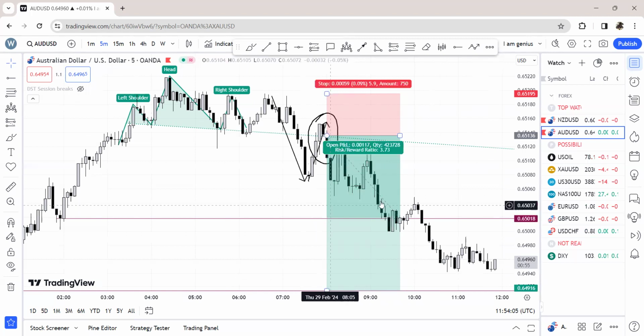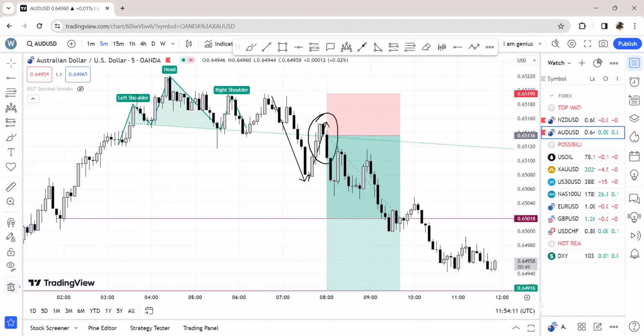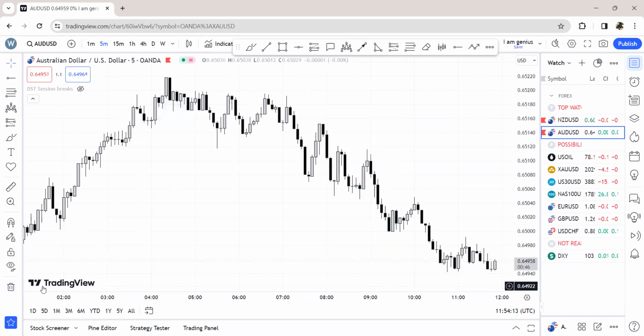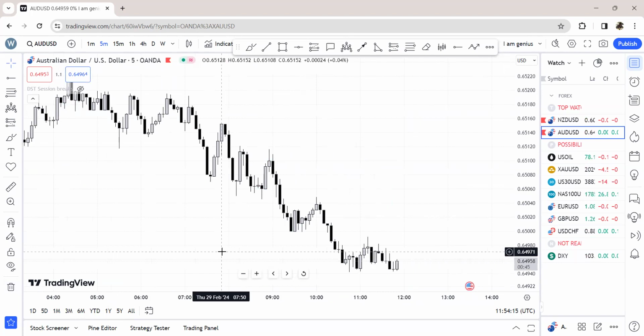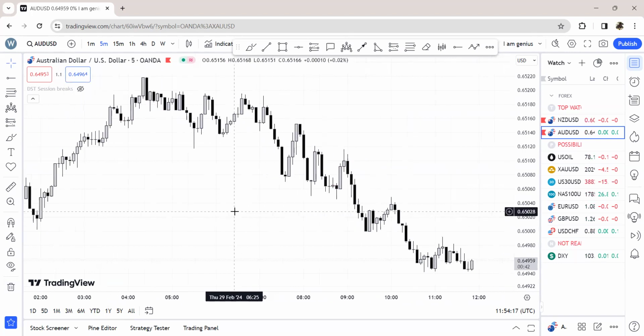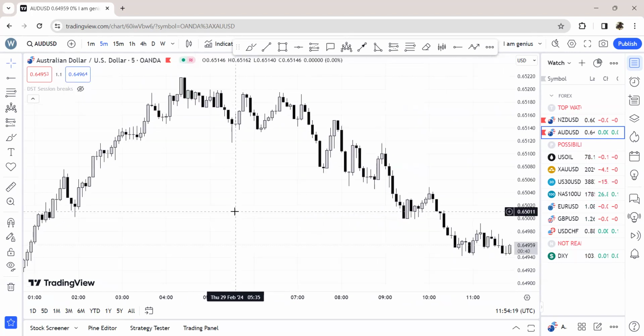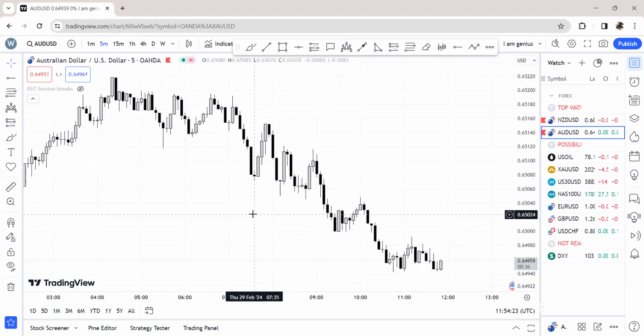But even here, if you're happy with the profits, remember, you're not looking at perfection. You're only looking at making money. It's not like you're trying to be perfect with your entries or exits. The only thing that's important is whether or not you're making money.